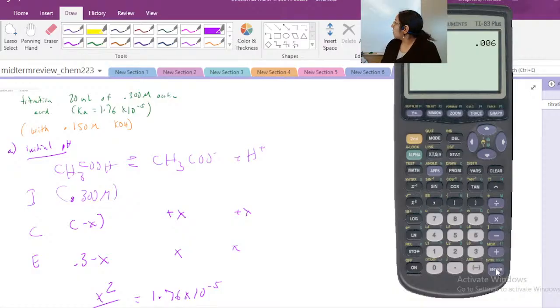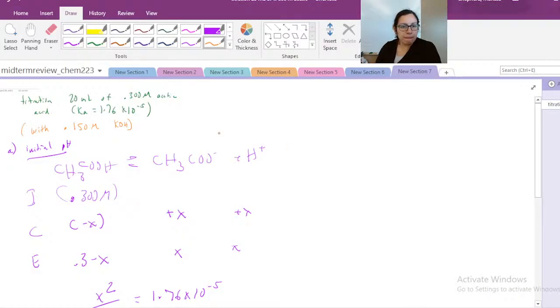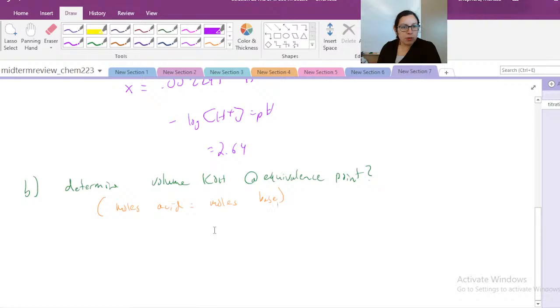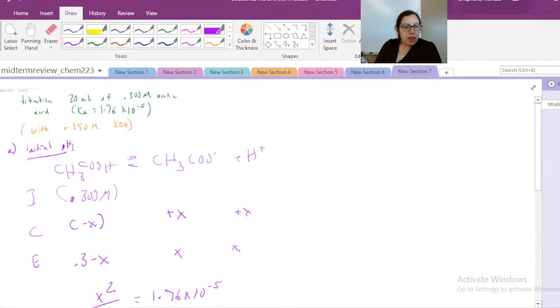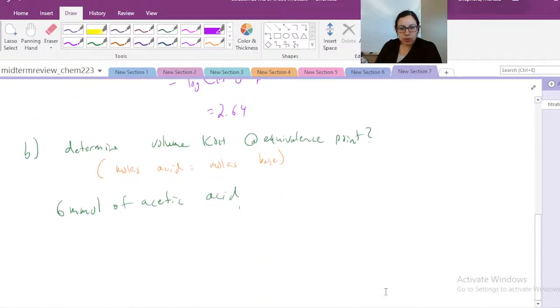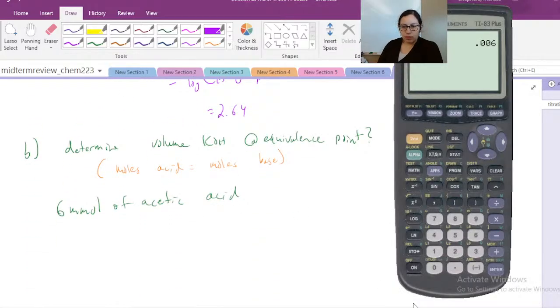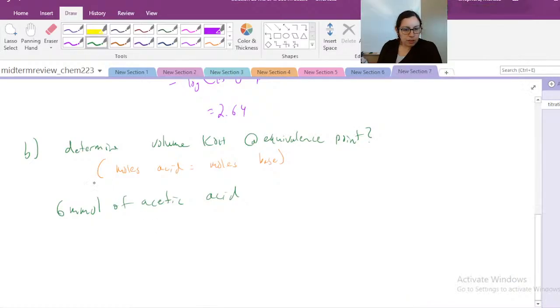So then we have our 6 millimoles total of our acetic acid. Then we're asking how many milliliters or liters of KOH do we need? We only had a 0.15 molar solution, so 0.15 moles per liter.